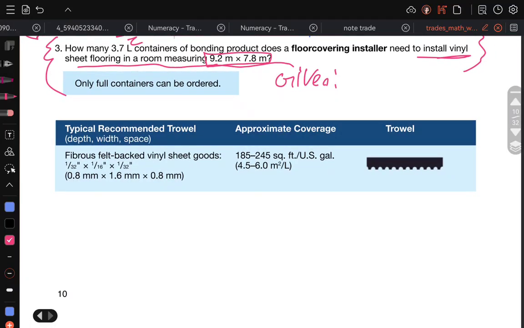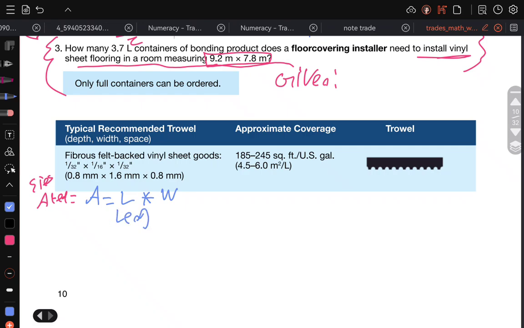So for step number 1, let's write the steps here. Area: you need to know that area means length multiplied by width. That's it, length and width.